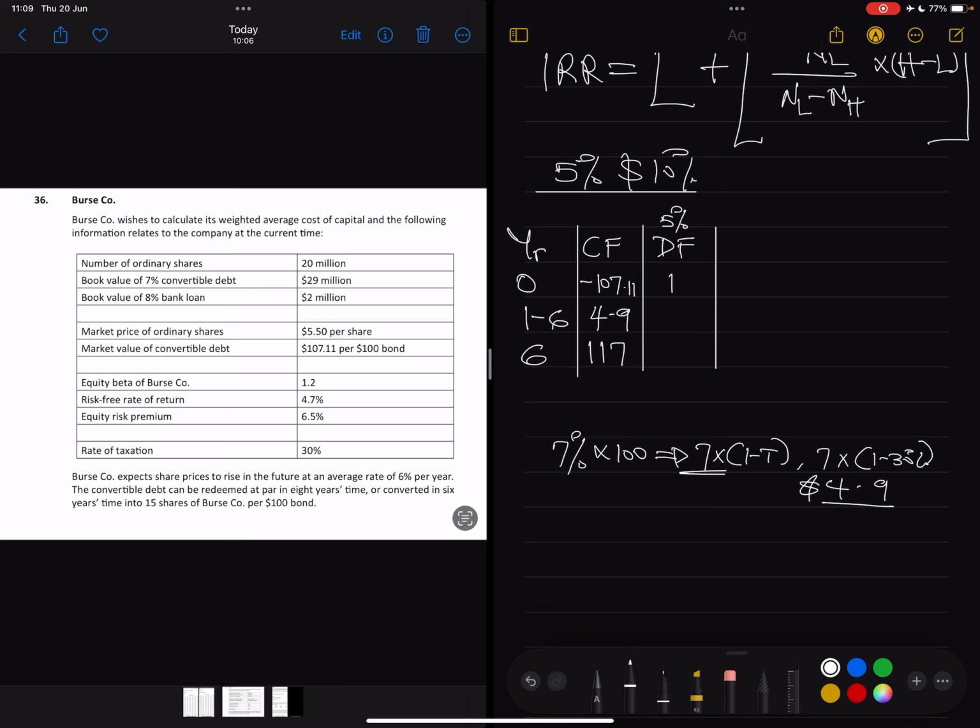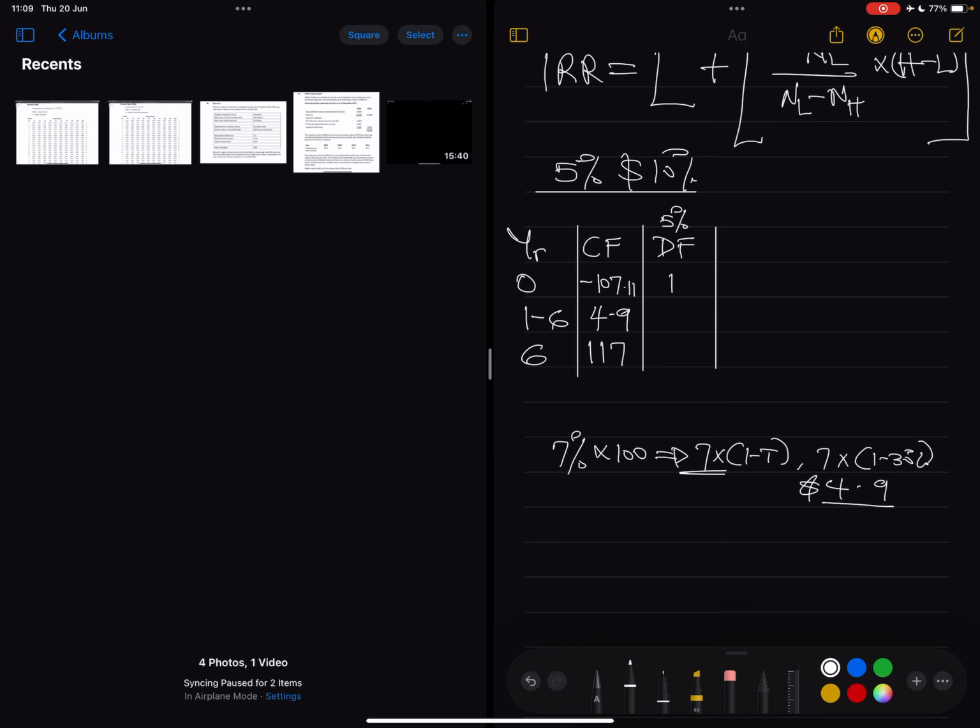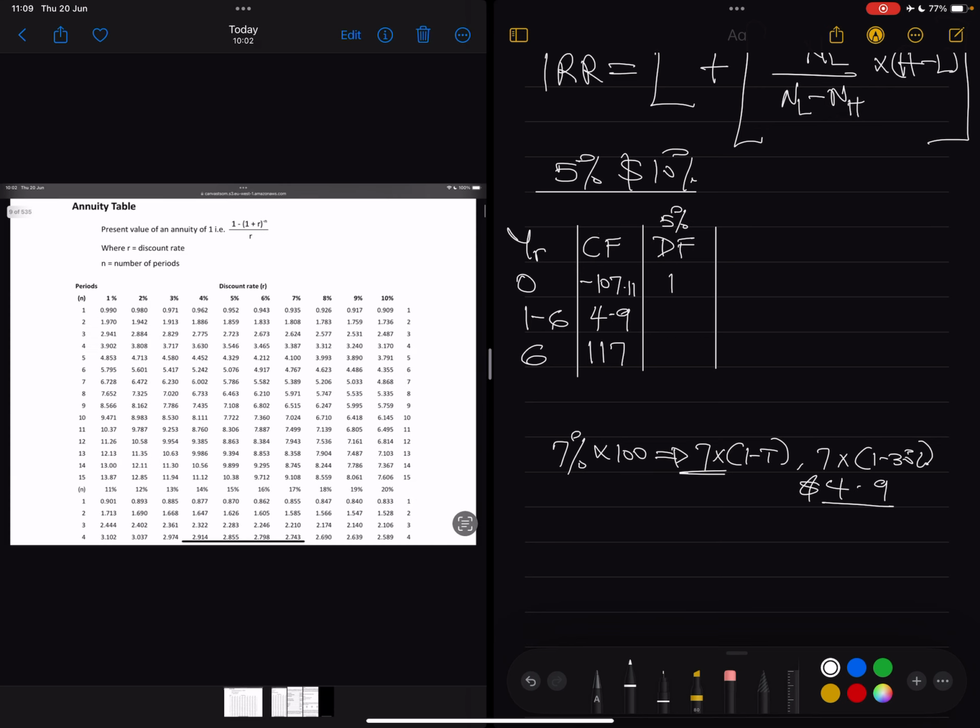And to calculate the present value of an annuity, you can use the annuity table. You don't have to use discount factor and start discounting each cash flow every year. You can discount that one cash flow, but instead of several discount factors, use one annuity factor.